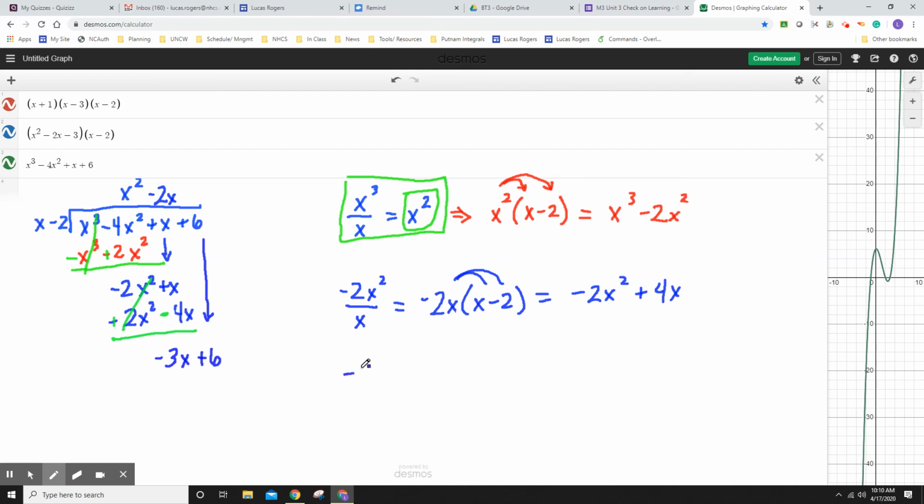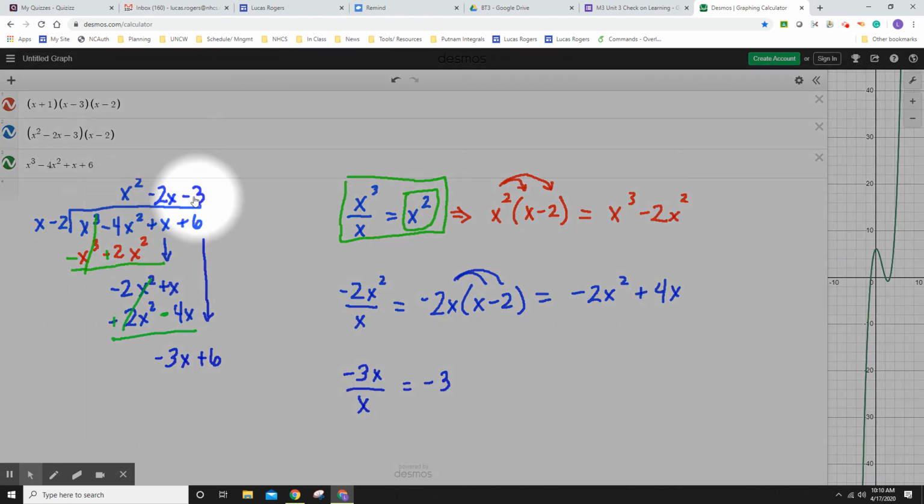So negative 3x divided by x equals negative 3. You're going to write that negative 3 up here in the answer, and notice here how this matches the quadratic that we had up here in this factored form, which means it's telling me those other two roots from the polynomial. I divided out this x minus 2.